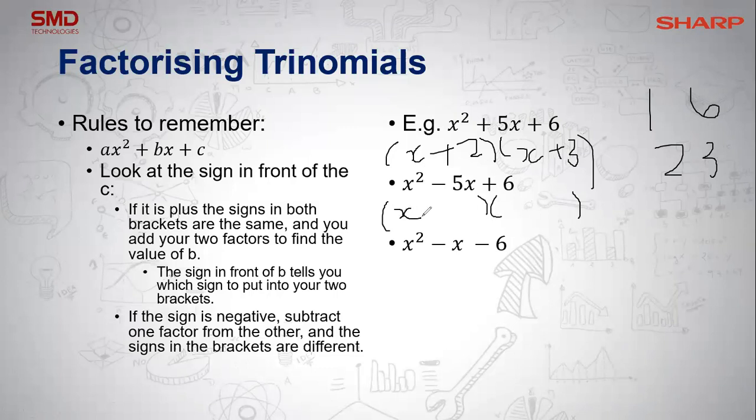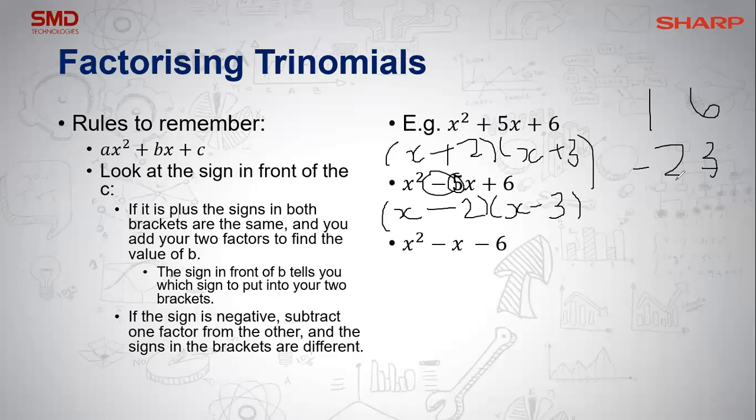And my sign in the bracket is a minus, because that's that sign over there. Okay, so minus 1 minus 6, or plus 1 plus 6 gives me 7, and that's not what I'm looking for. 2 plus 3 gives me 5, and that is the number that I'm looking for. And then, of course, I just add my negatives. So it's going to be negative 2 and negative 3.